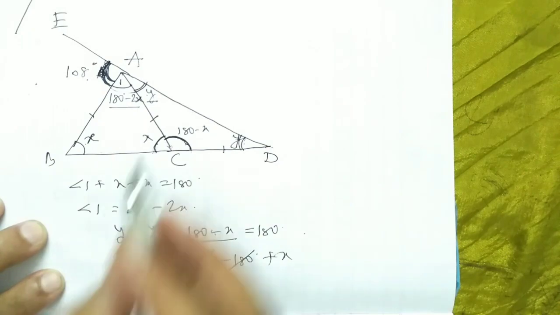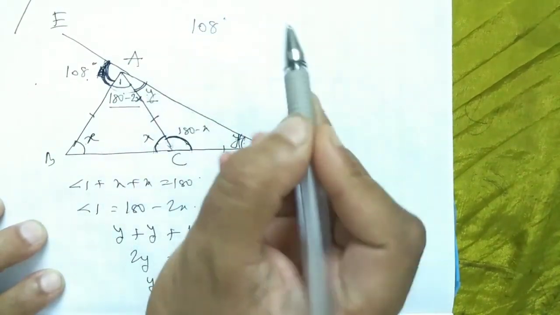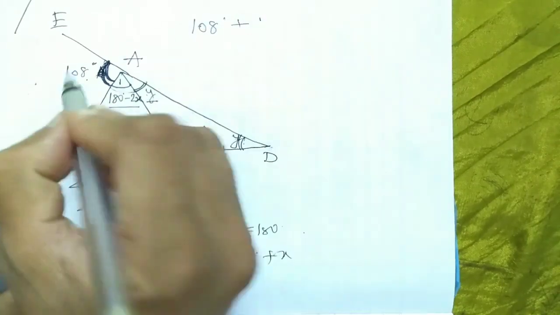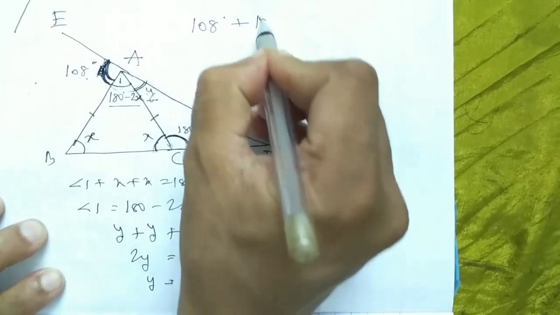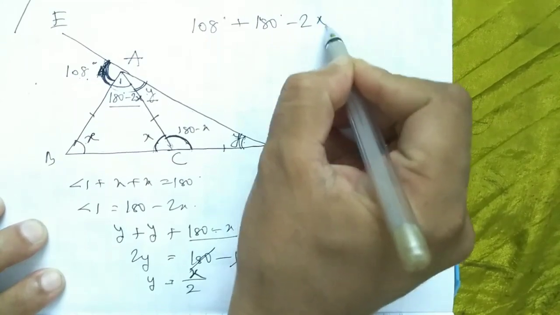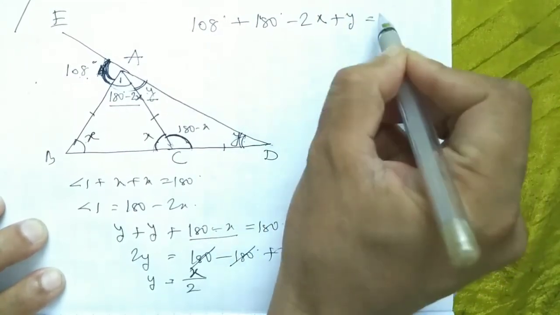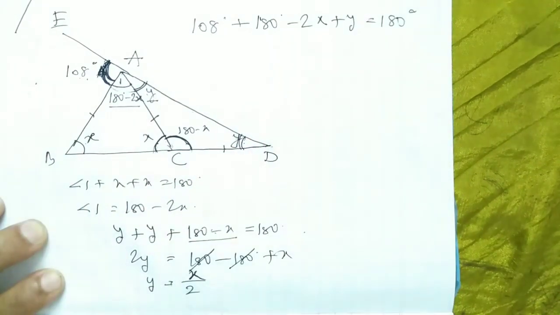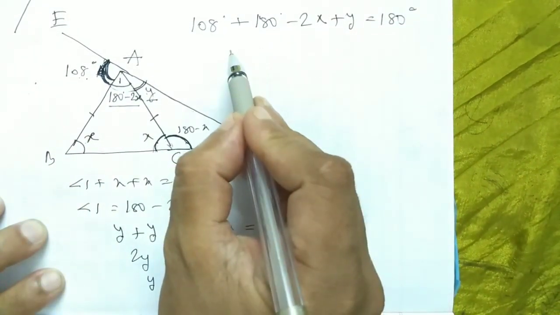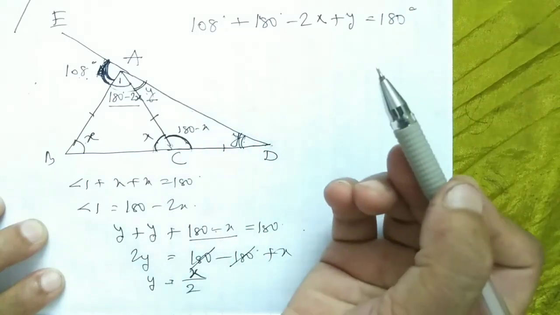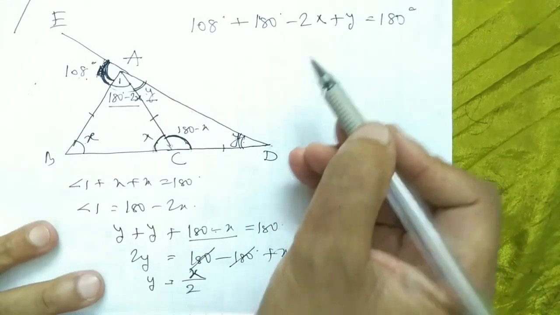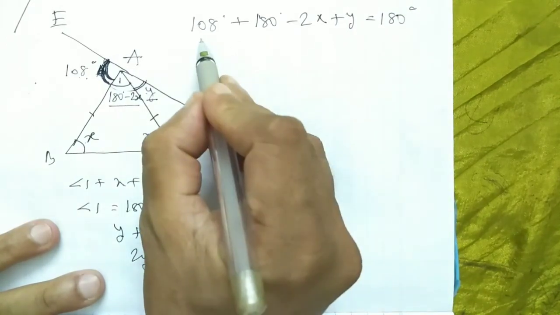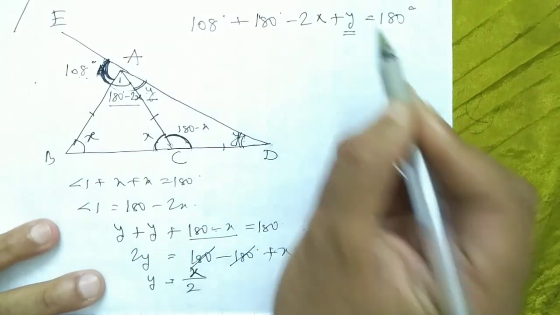Let us write it. 108 plus 180 minus 2x plus y equal to 180 degree. So our target is to find x, or we can find y, no problem. We'll find y, don't forget.